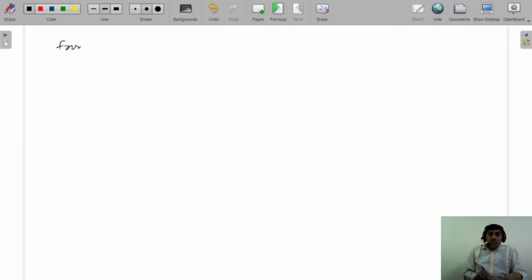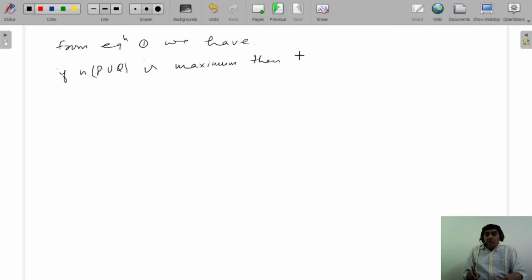From equation 1, we have if n of P union Q is maximum, then n of P intersection Q is minimum.